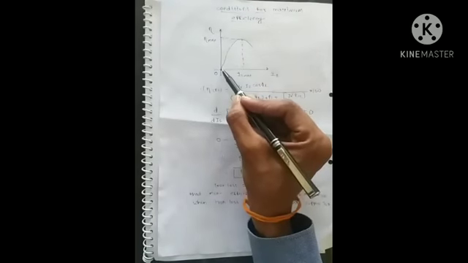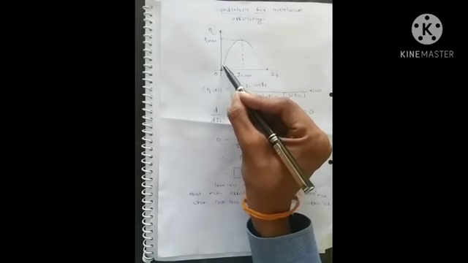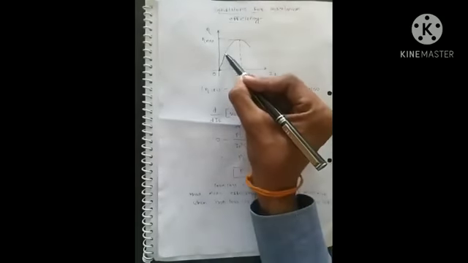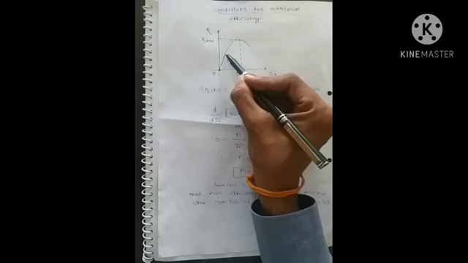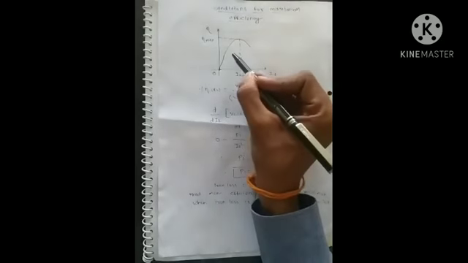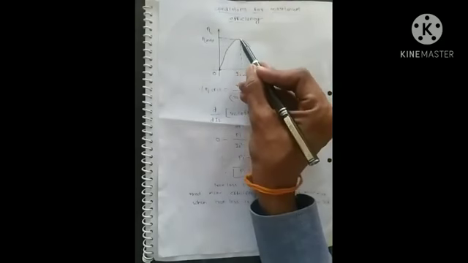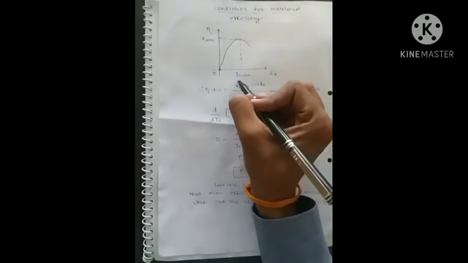When we increase the load current by increasing the load, the efficiency of the transformer also increases. At the intermediate point, the efficiency of the transformer shows the maximum value, that is max efficiency, at the value of current I2 max.